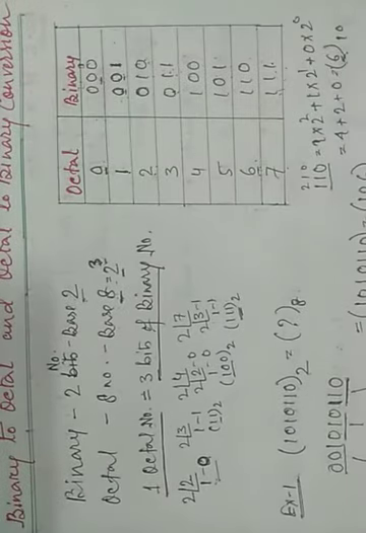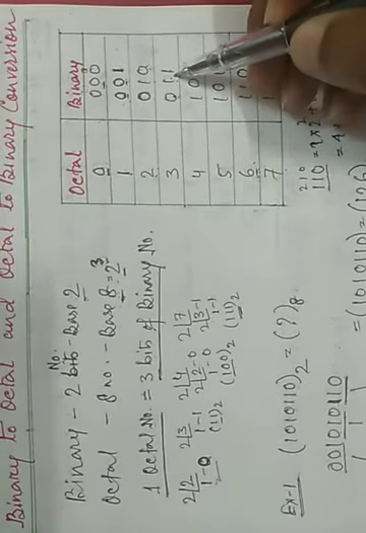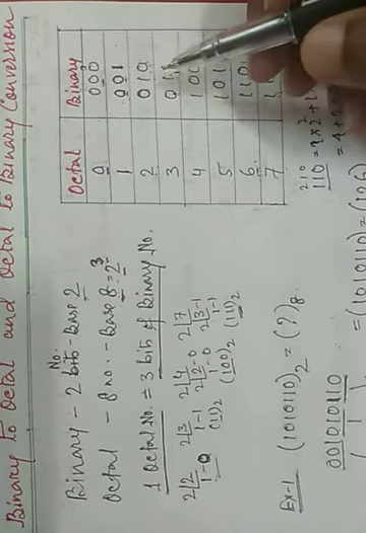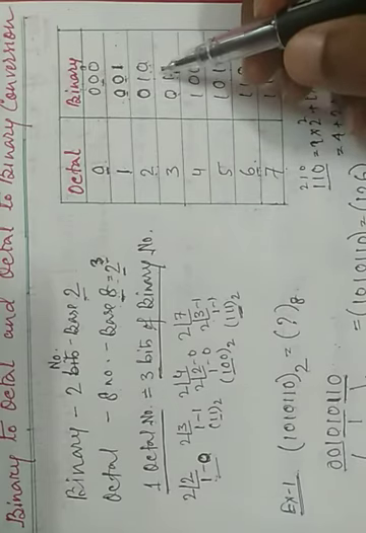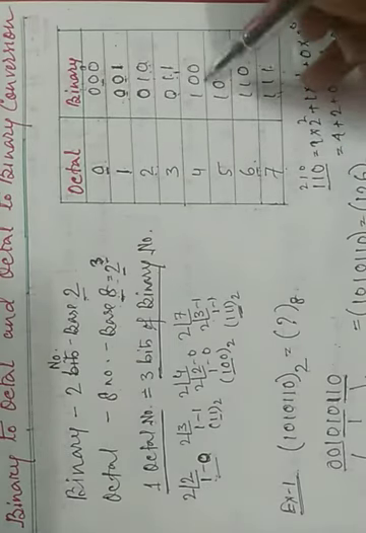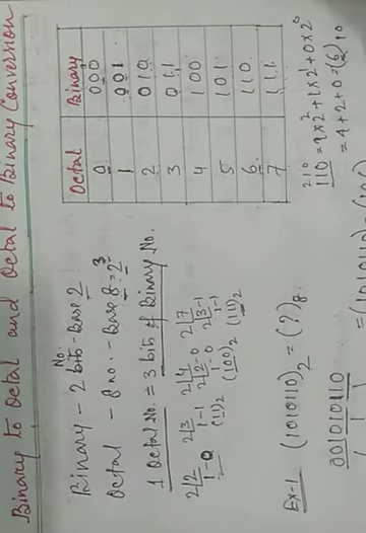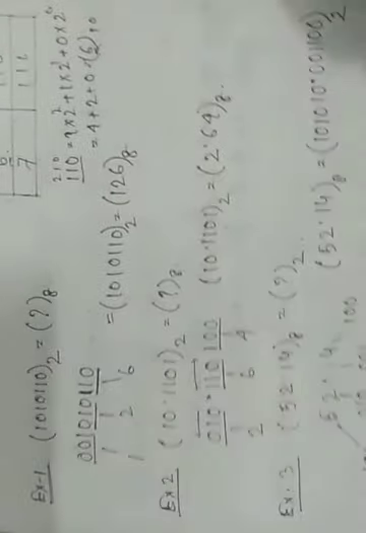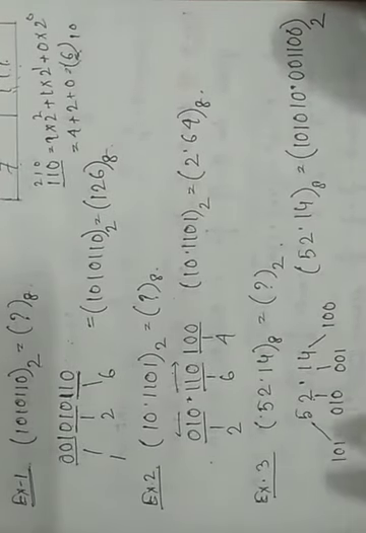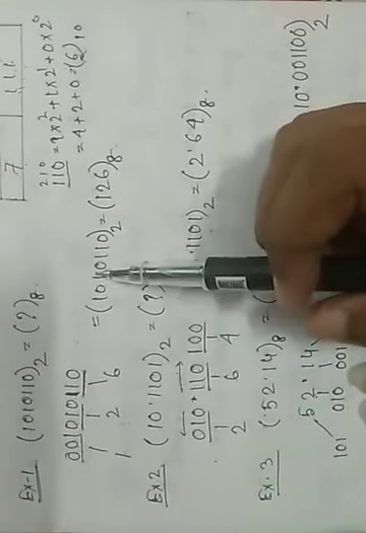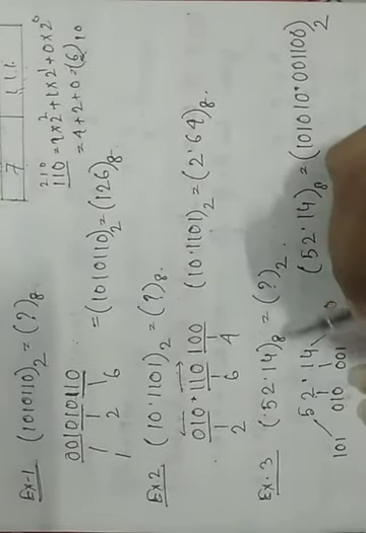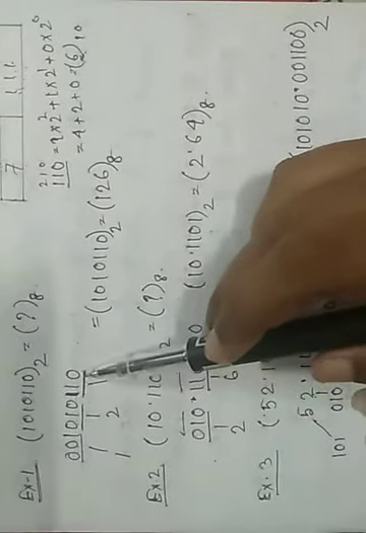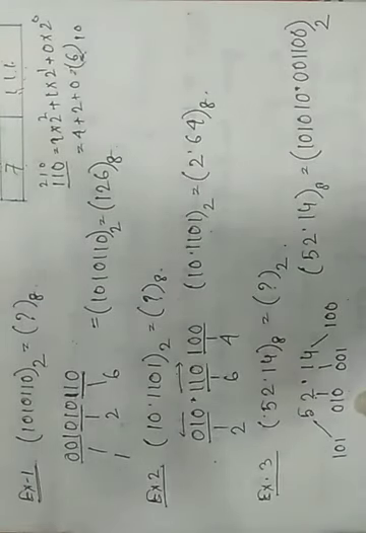Okay, and you have to remember this table whenever you do any further study of number systems or Boolean algebra. So it's better you remember this table. Okay, always group the number, for binary to octal or octal to binary, in 3 bits. Okay, group it with 3 bits.